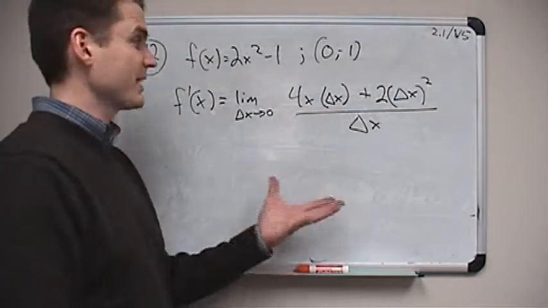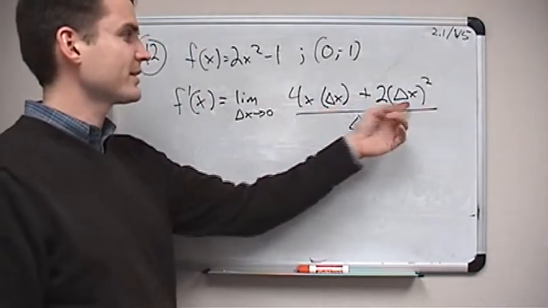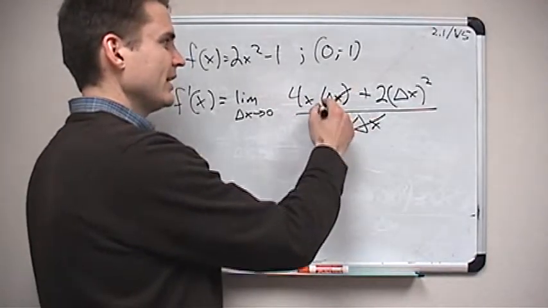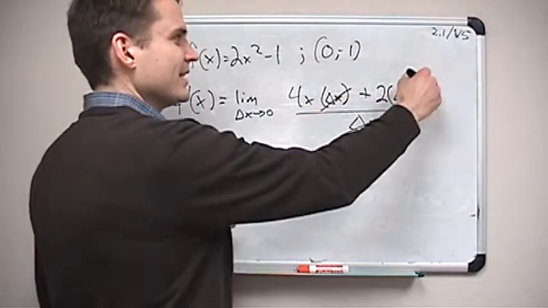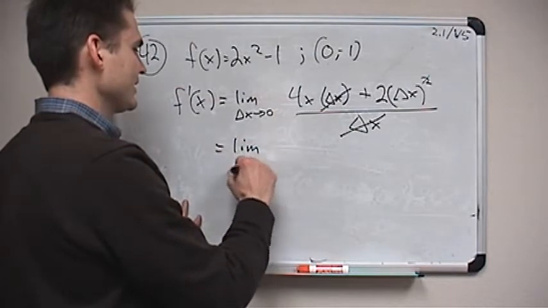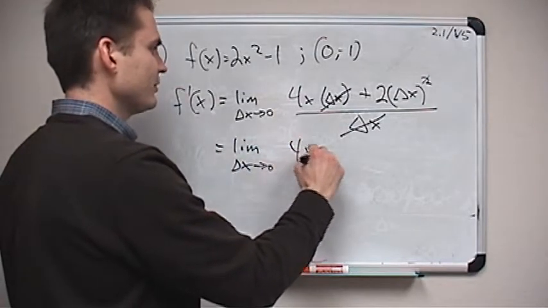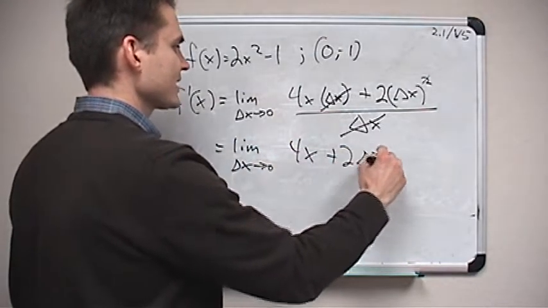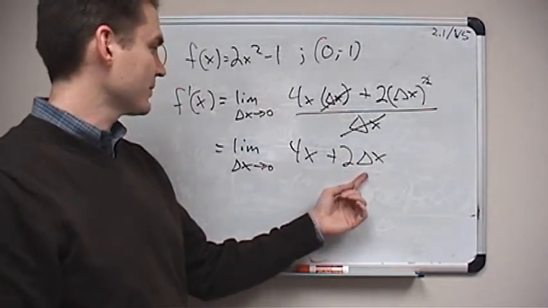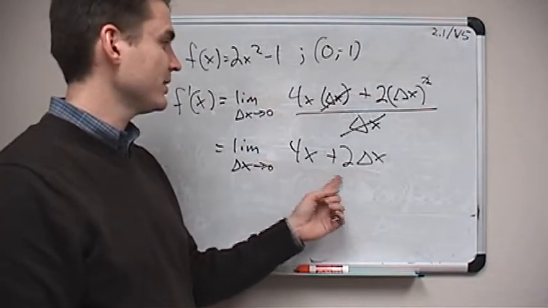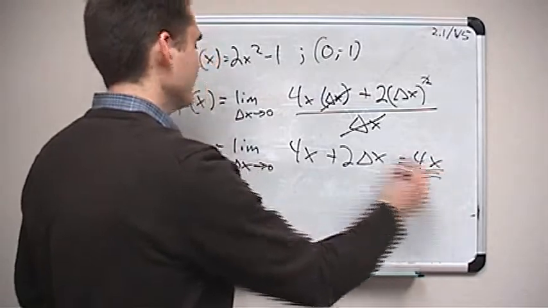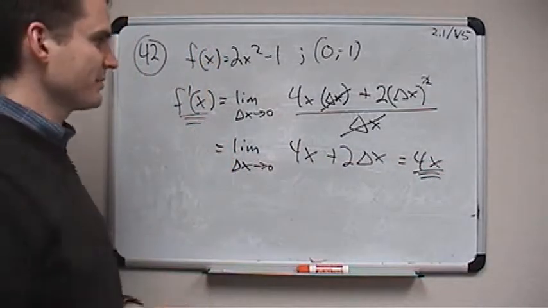What we have to do first is cancel. Now we have a delta x factor in every term of the numerator. So I can cancel the delta x in the denominator with one factor of delta x from each term in the numerator. That gives me the limit as delta x approaches 0 of 4x plus 2 delta x. And now there's no division by 0 when we replace delta x with 0. So it'll be 4x plus 2 times 0, which is 4x.